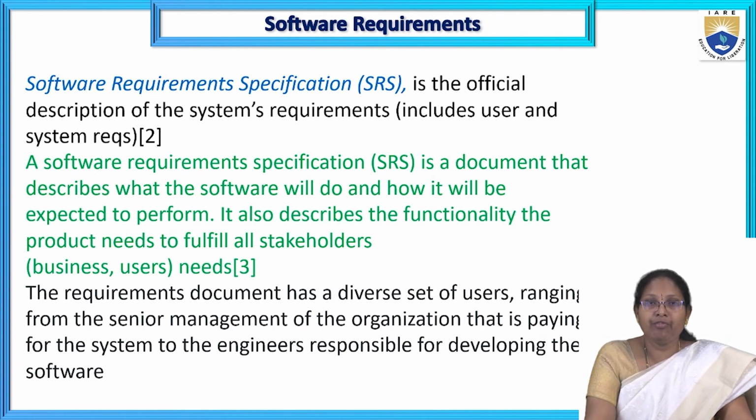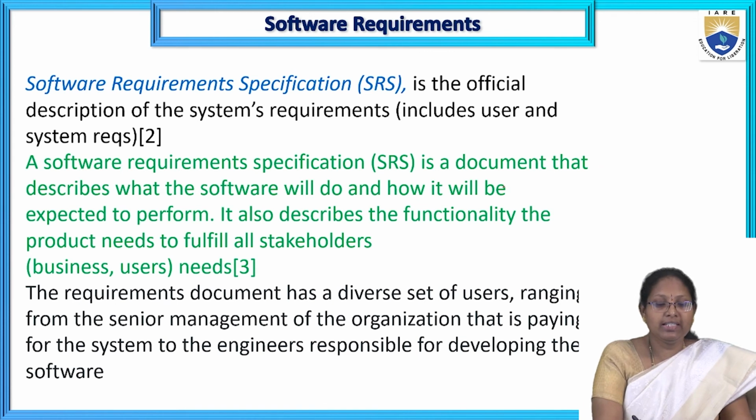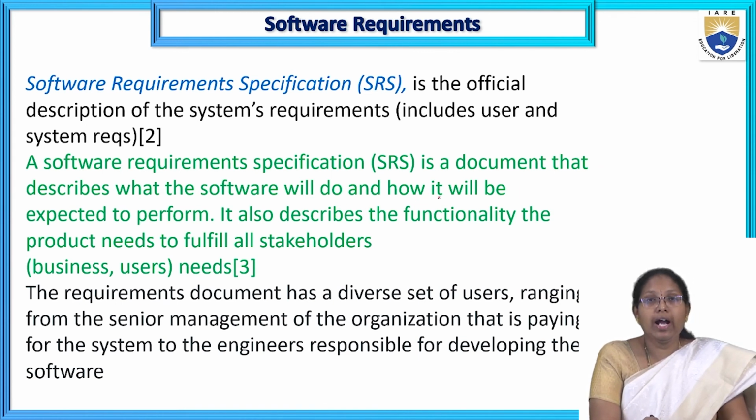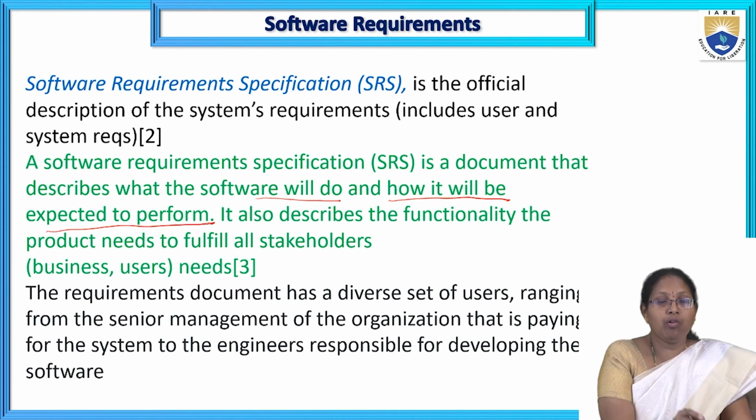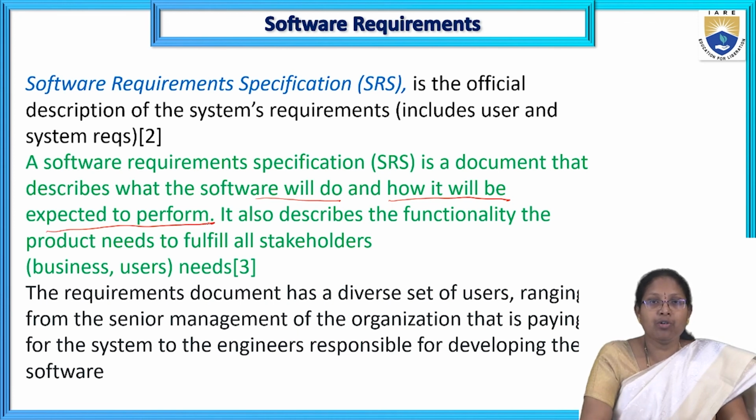The SRS is an official description of the system requirements. First of all, it is a document that describes what the system will do, what the software will do, and how it is expected to perform. That is there in the SRS document.